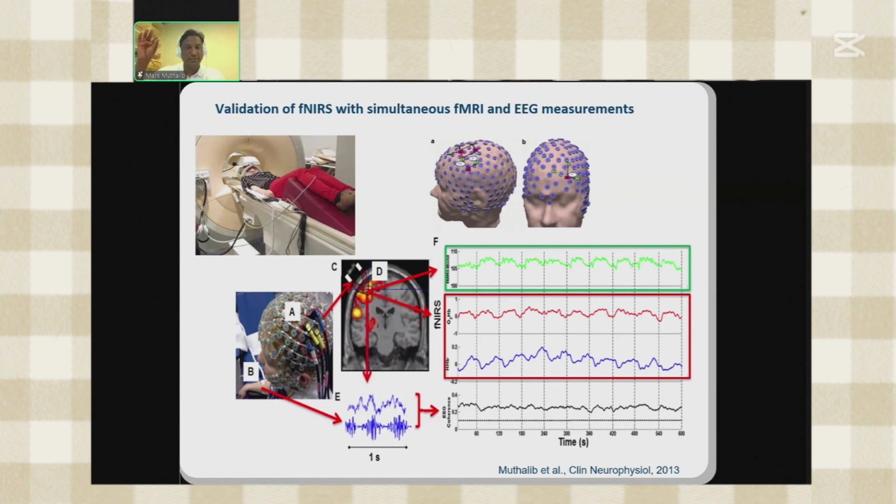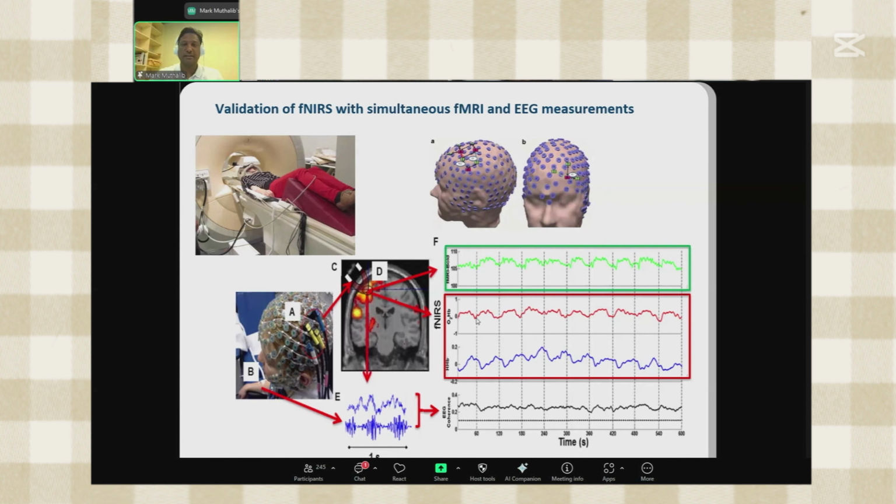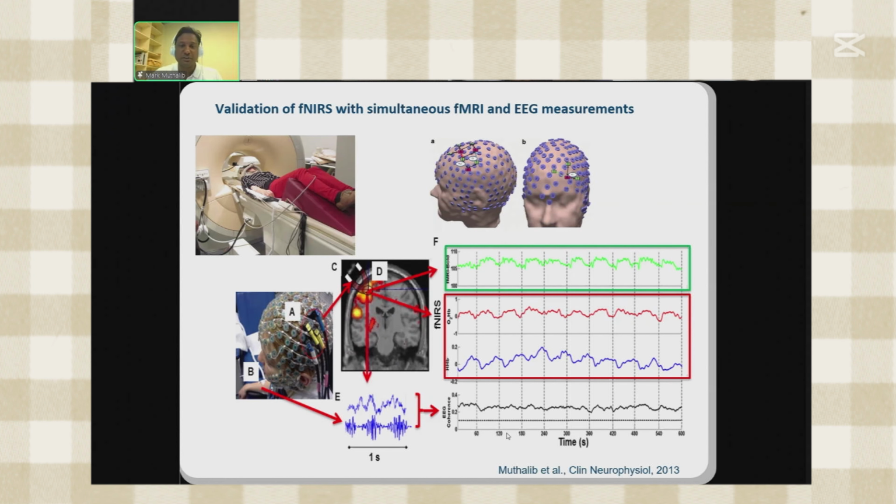We see a finger tapping task, and we see these undulations in increase in BOLD with each block. So we have 10 blocks. And what we see nicely with the NIRS is this increase in oxyhemoglobin and a decrease in deoxy occurring for each block. So this shows that the NIRS is capable of measuring from cortical regions and has similar resolution to fMRI in this context.